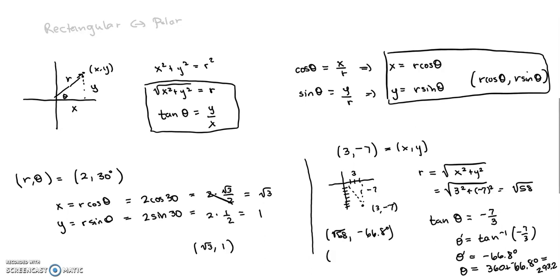So another point that we could give is square root of 58, 293.2. Okay, and there's another video about going between different versions of polar coordinates as well, if you want to see some more of those. So either of those would be answers depending on what they're asking you.